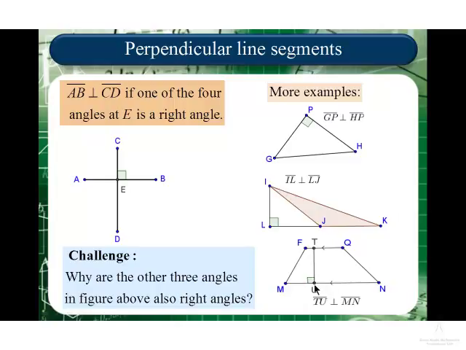And here the line segment TU will represent the distance between two parallel lines or parallel line segments FQ and MN, for example. And here we have the 90 degree angle as indicated before, at the point U, and the line segment TU is perpendicular to the line segment MN.